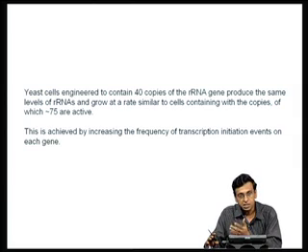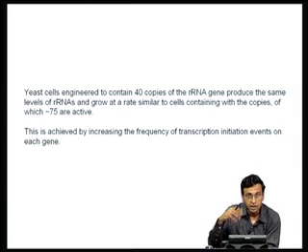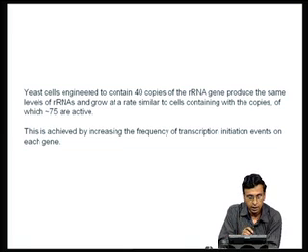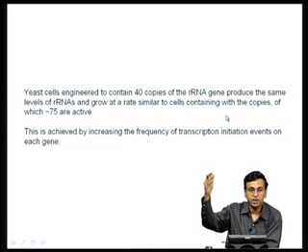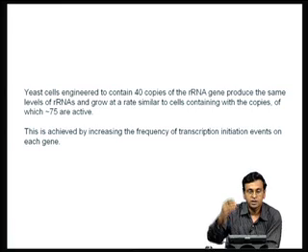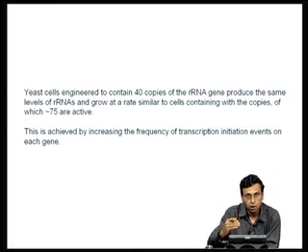There are very interesting experiments that have been conducted to study rRNA transcription. For example, yeast cells were engineered to contain 40 copies of rRNA genes instead of the normal 75, and they asked the question: do they produce the same level of rRNA? That is, if you reduce the number of rDNA copies, does the rRNA transcription also go down or does it remain the same?